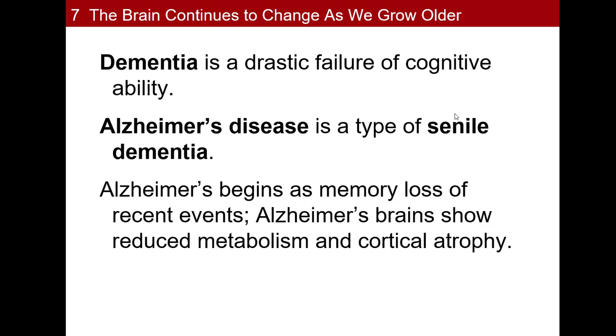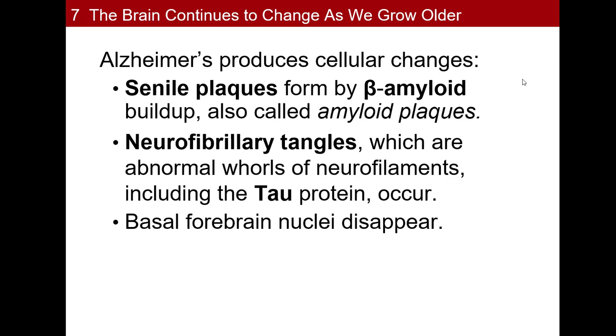It needs a lot of oxygen, it needs a lot of nutrients. And in individuals who have Alzheimer's disease, their brain is not properly managing those resources. And then cortical atrophy: you can have cells in different areas of the cerebral cortex that start to die, and that is associated with memory issues.